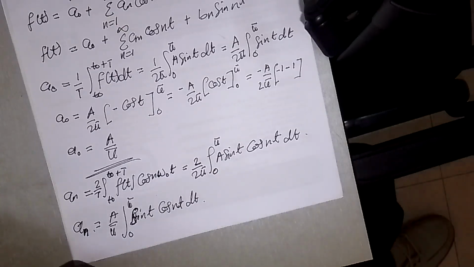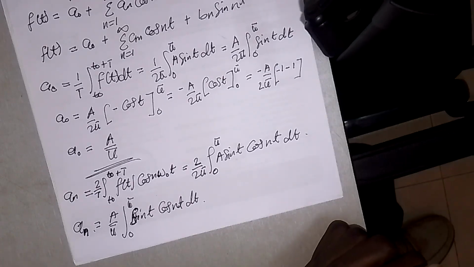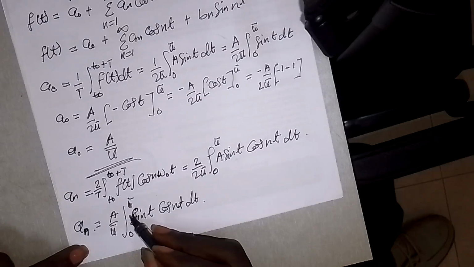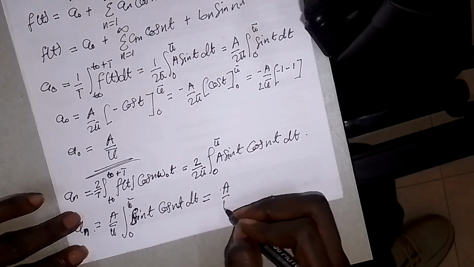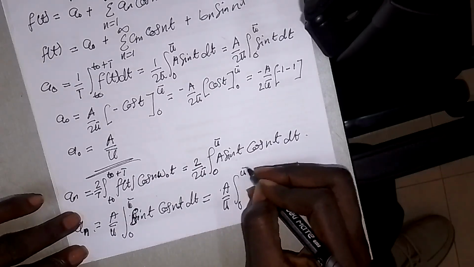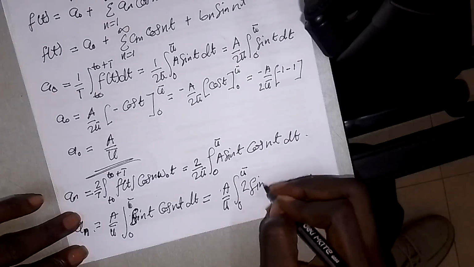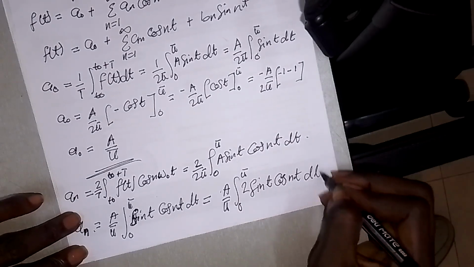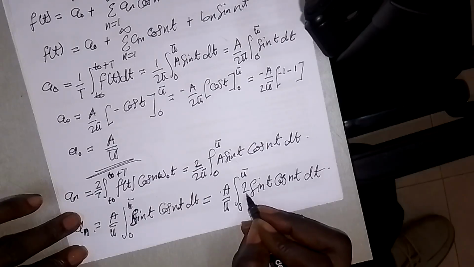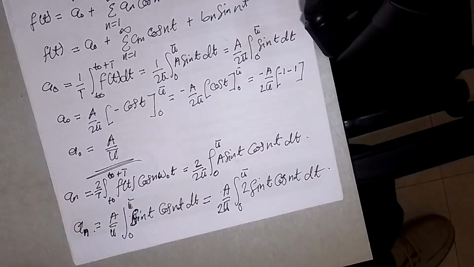Now when I have this, what I will do again is multiply this by 2. So A on pi, the integral from 0 to pi of 2 sine t cos n t dt. I'm multiplying the function by 2, so in that case I'll also divide here by 2.